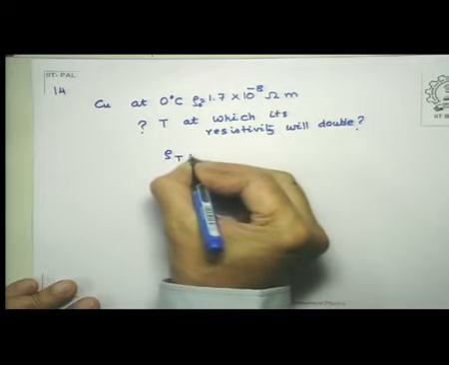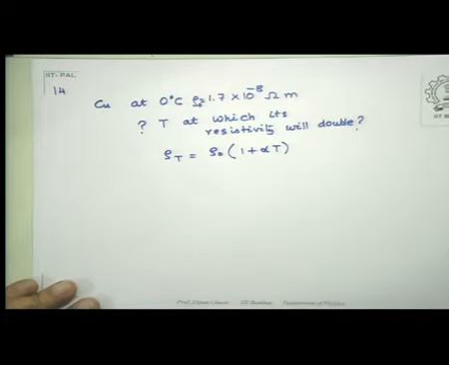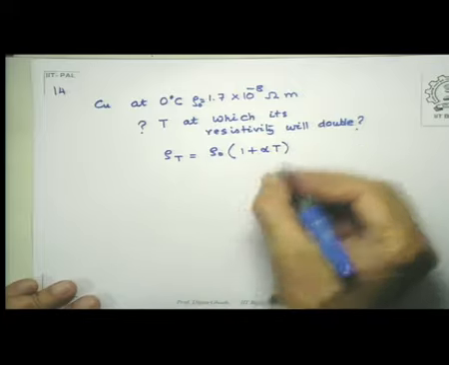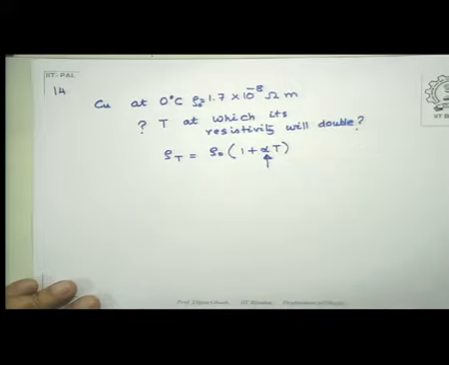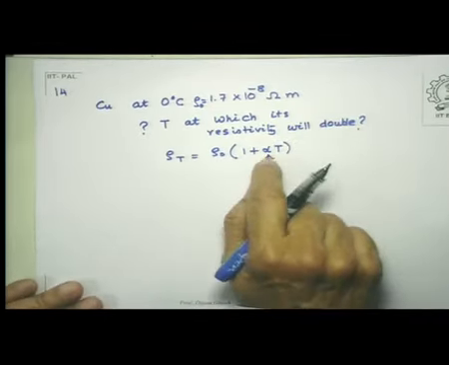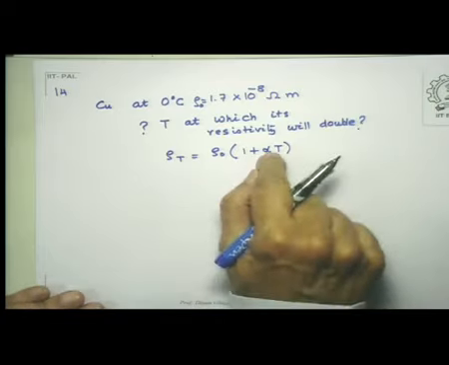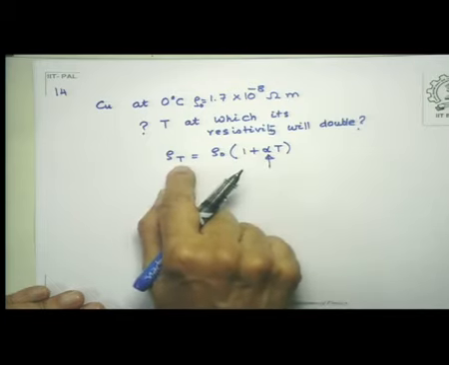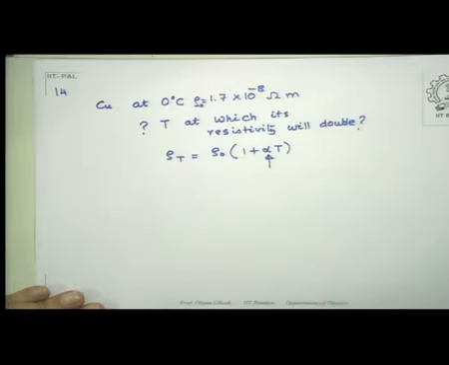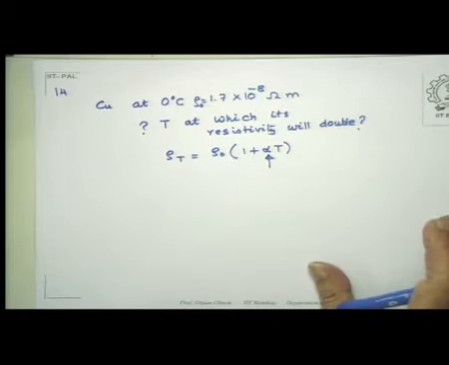I have rho t equal to rho 0 into 1 plus alpha t. Well, alpha we have just now found out from the previous example. We did find it out for platinum, but the value of alpha is known, and so therefore I can substitute it here. All that I am asking is what should be the temperature at which my rho t will be equal to 2 times rho 0. You could work this out and we will continue with this next time.